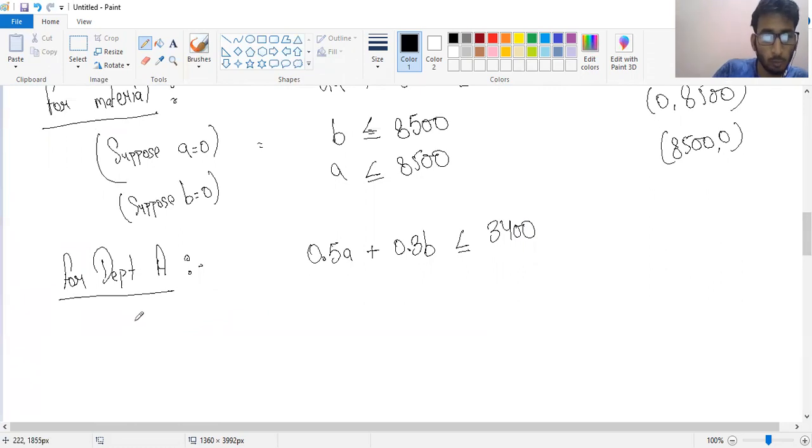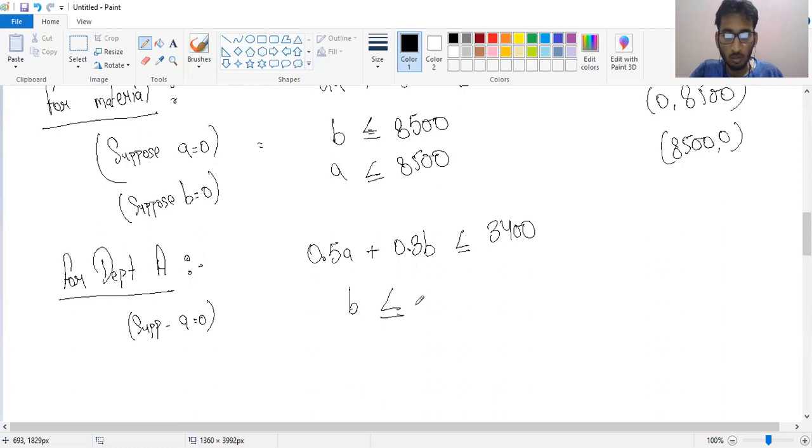Suppose A equals 0. Then B's value would be 3,400 divided by 0.3, which is 11,333.